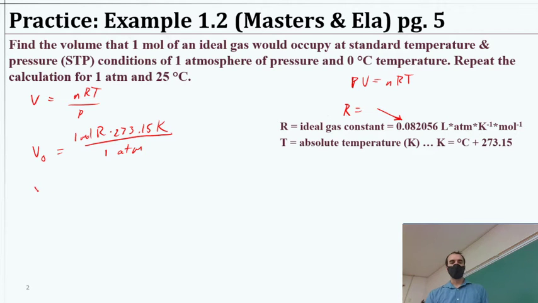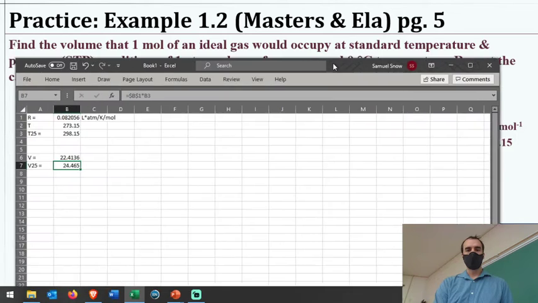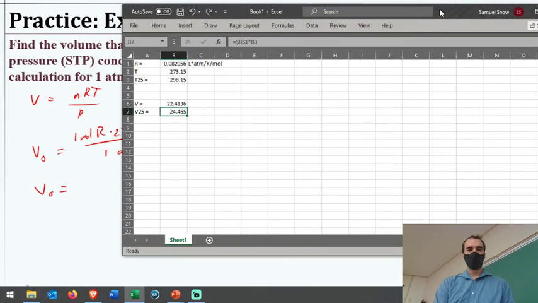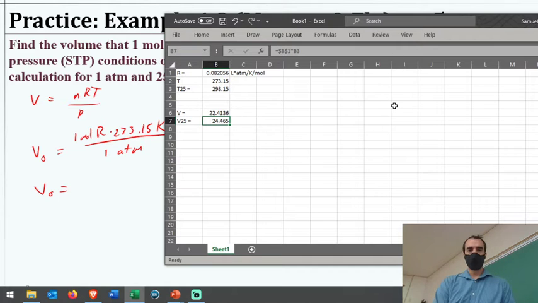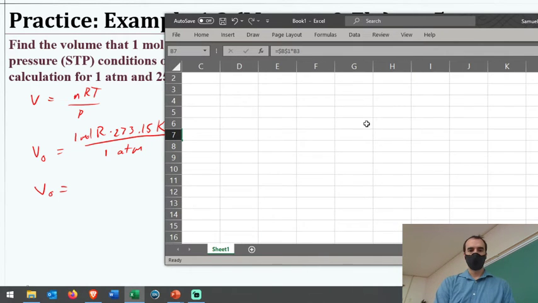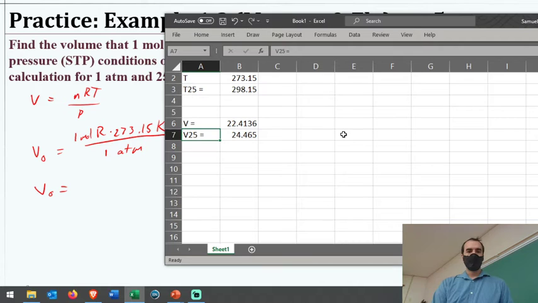If we plug in those numbers, which I've done in Excel, for the V at 0 we get 22.41 liters.